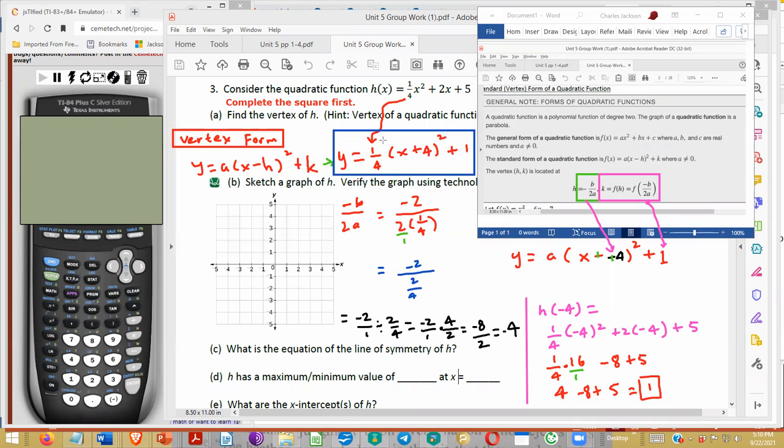Okay, so there's that. Now the vertex is just h, k, right? And we kind of got that already. That is -4, 1. If we didn't know that, we could get it from this equation. But we got the vertex.